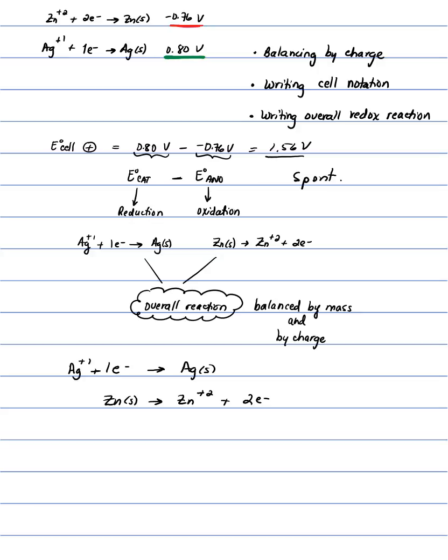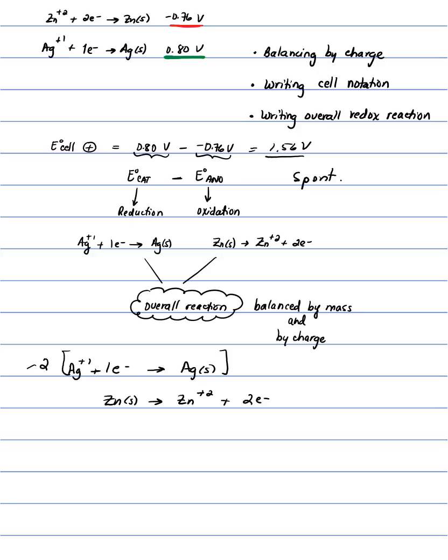You need to have the same number of electrons on both half reactions in order for your electrons to be canceled out. If you want to have the same number of electrons here, you have to multiply the whole reaction by a factor. If you need 2 electrons, because that's what you're getting from your oxidation, I'm going to multiply everything here by a factor of 2.